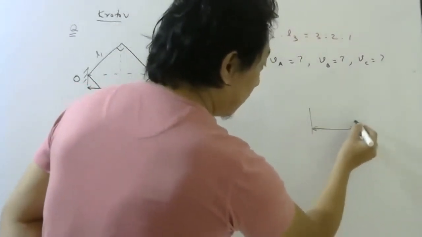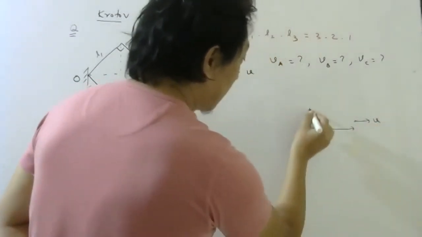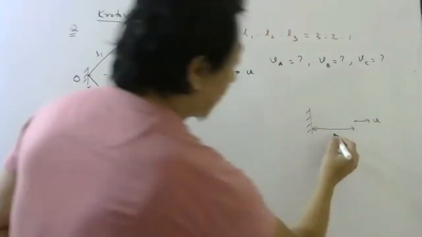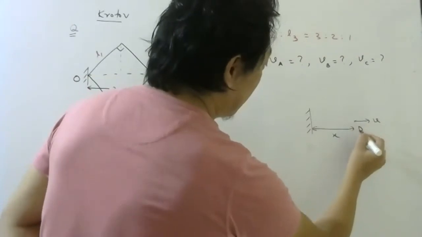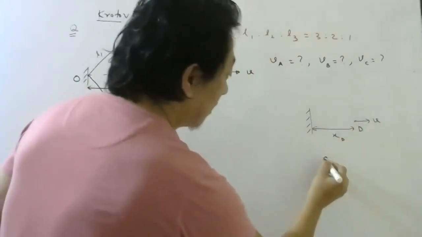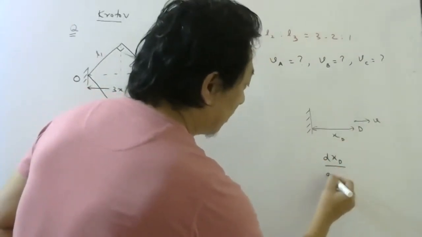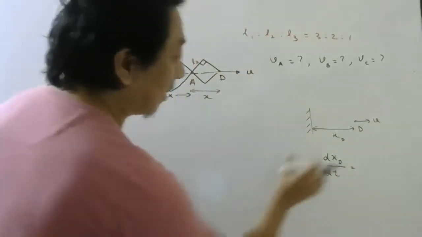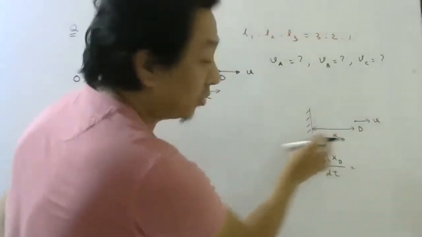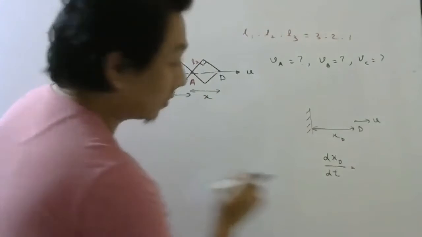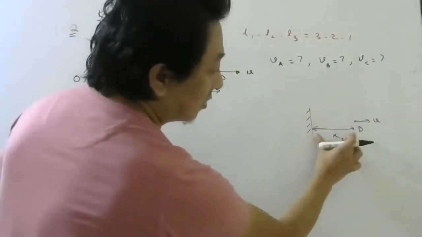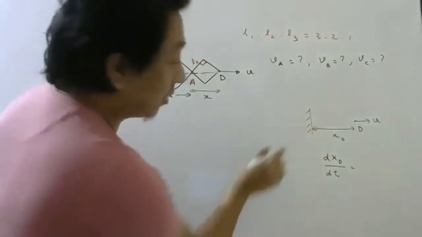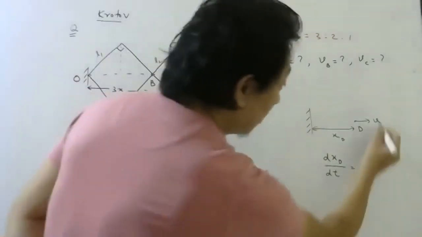If the velocity of this is v and this is fixed, and if I call this point D, then with xD, dxD by dt is the rate at which this distance is changing with respect to this fixed point. That must be this velocity.